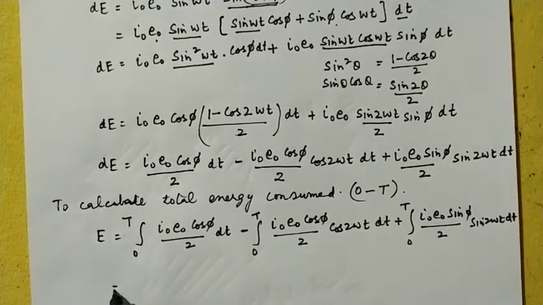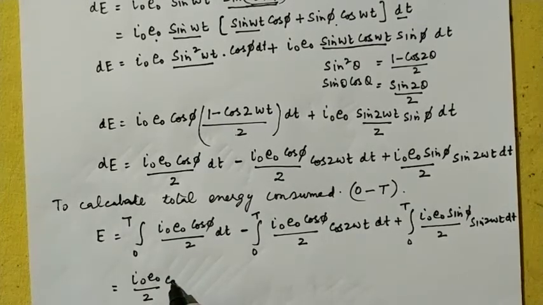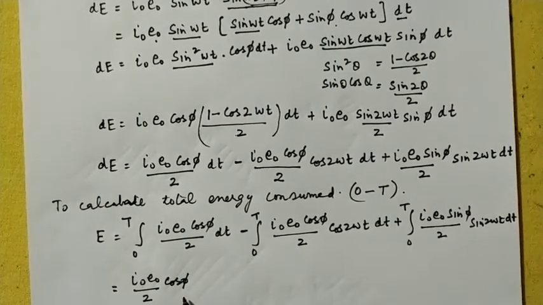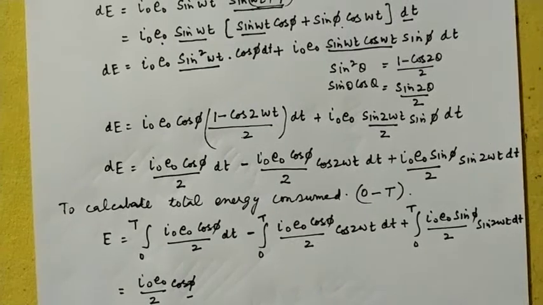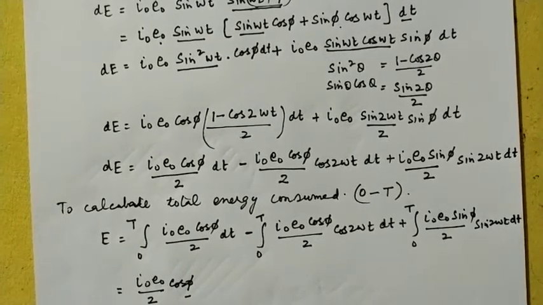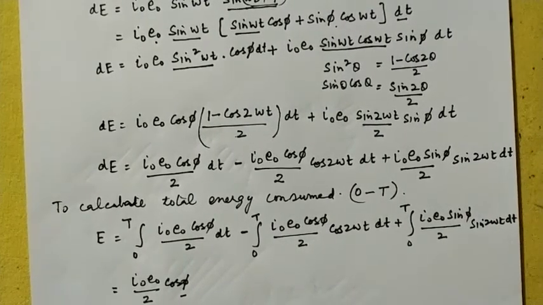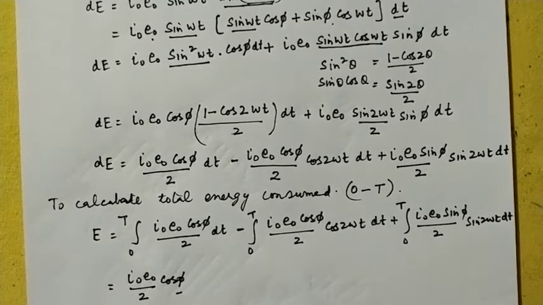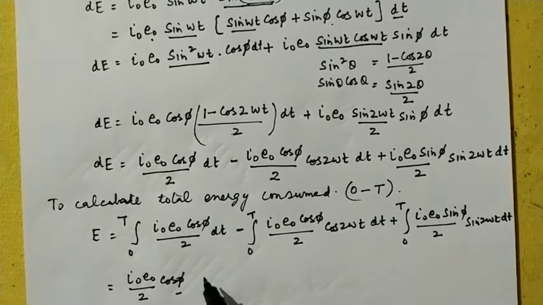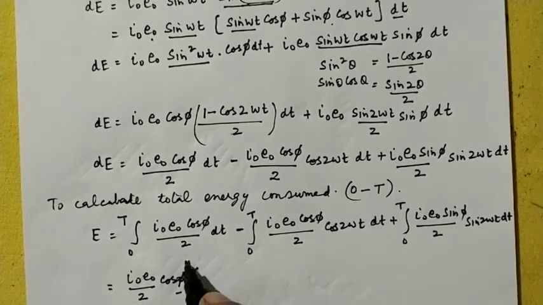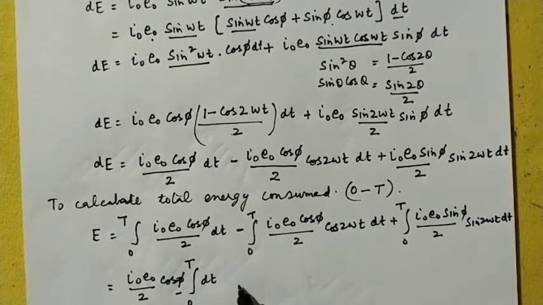So what we get? I naught E naught common, divided by 2, and cos of phi is also constant, because the phase difference is fixed between the effective value of the voltage and current for a particular LCR circuit. So we can take it outside the integral sign, so we are left with 0 to T into dt.